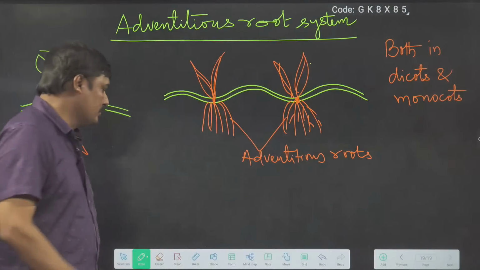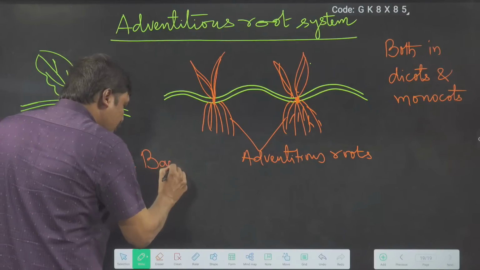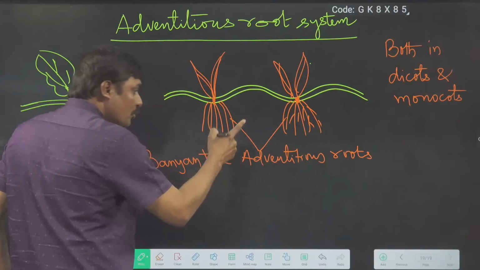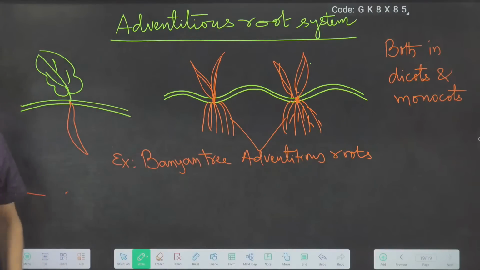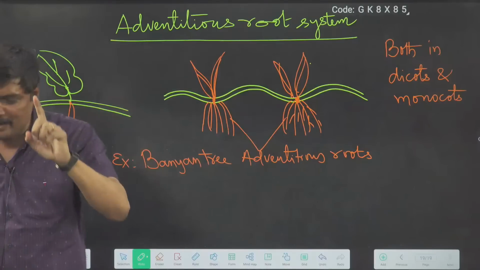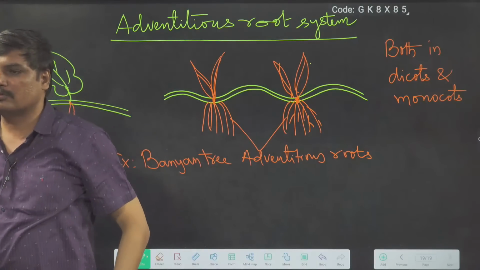For example, banyan tree. Banyan tree shows adventitious roots along with taproot. Remember that a plant may contain more than one type of roots also.